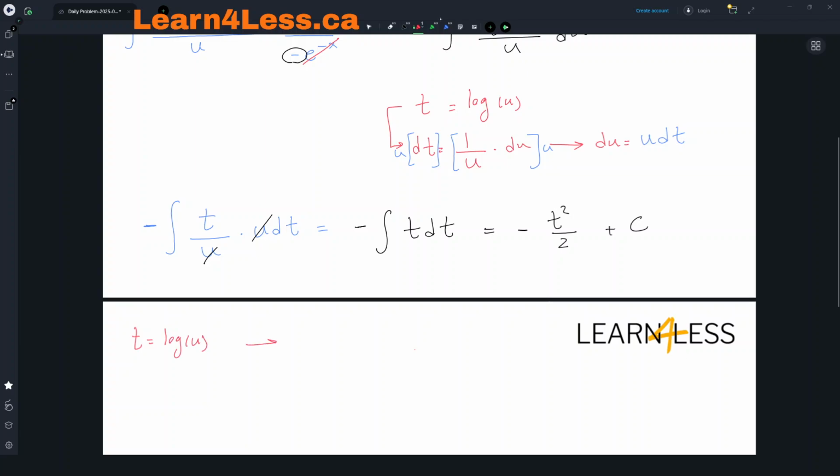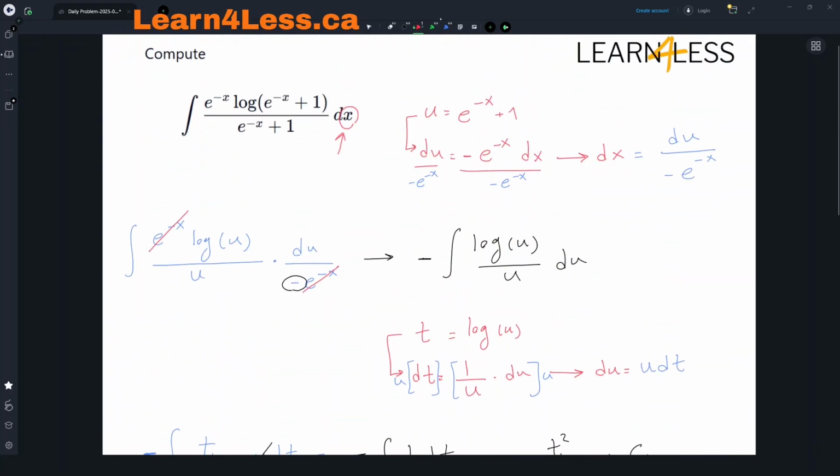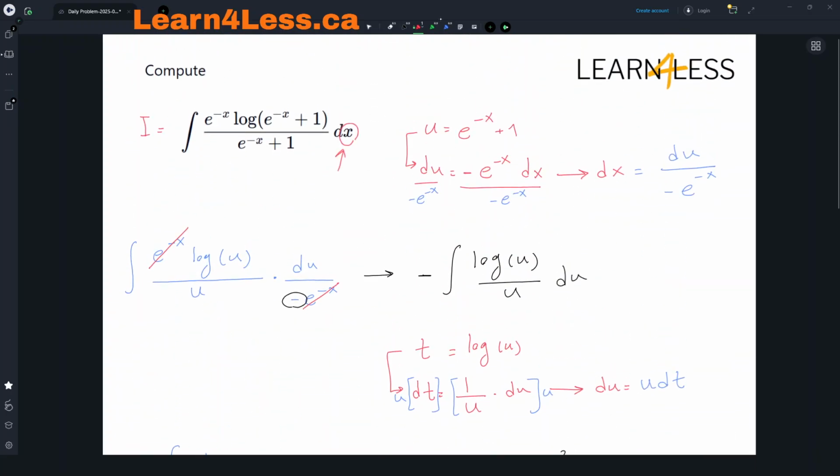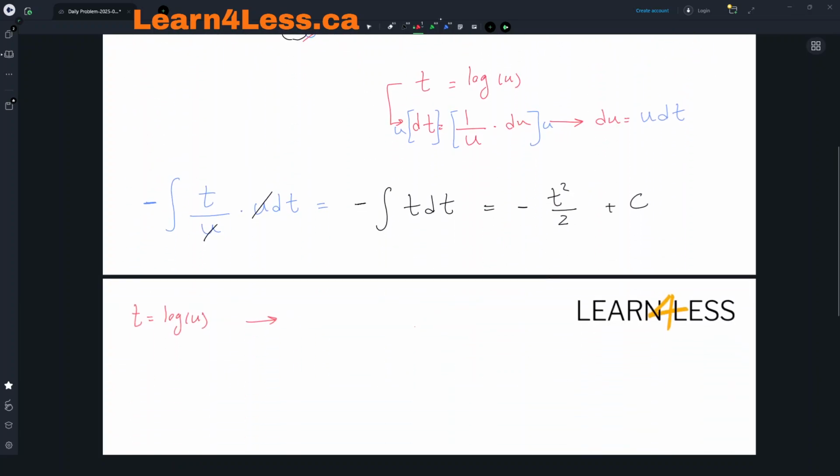So the final answer, let me call the integral I, is equal to negative, instead of t squared, I have log of u squared, replacing t with log of u.